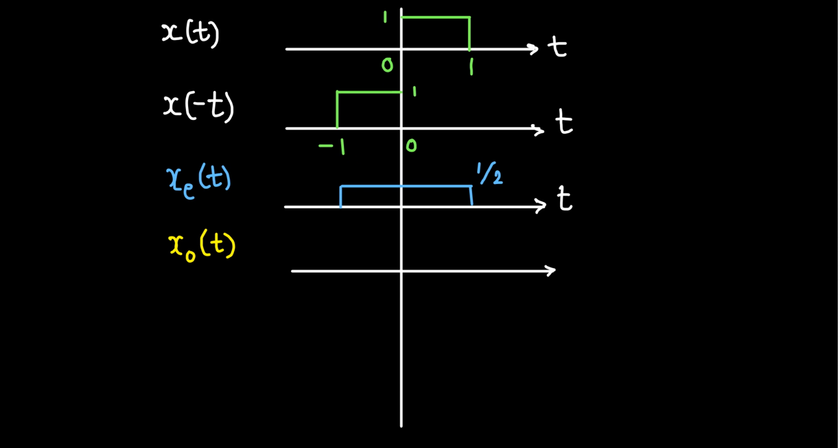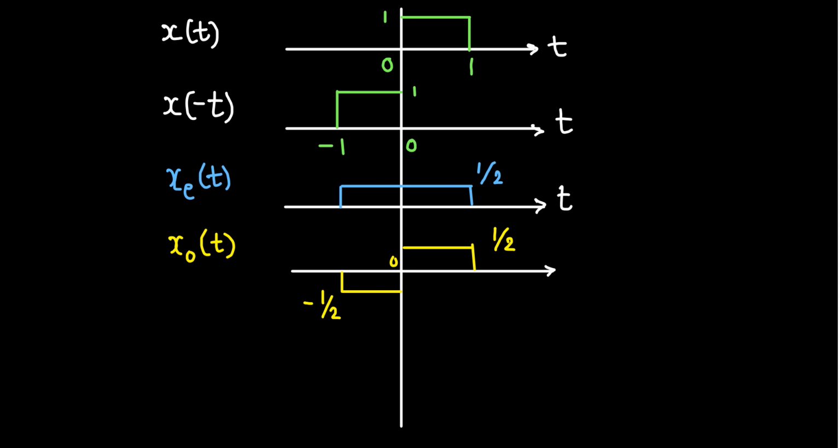So the resultant signal will be like this. So this being half, this being minus half, centered at 0, and this is the odd component.